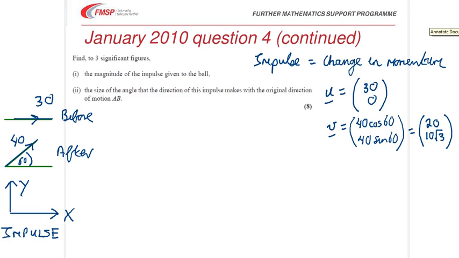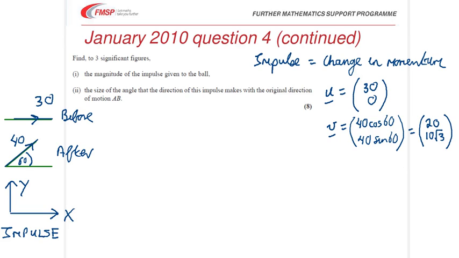So I need to write down the vectors for the velocity before and afterwards, and I've done that already. The velocity before the impulse is (30, 0). That one's easy. And the velocity after the impulse is 40 cos 60 in the x direction, 40 sin 60 in the y, which is (20, 10 root 3).